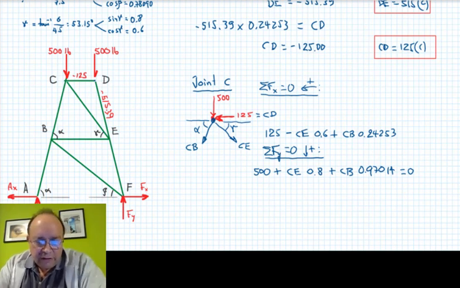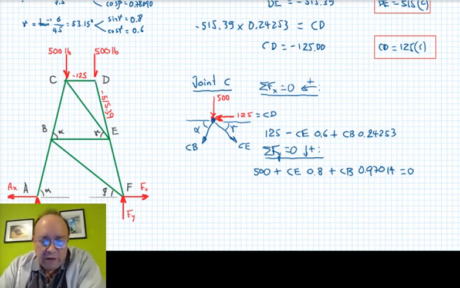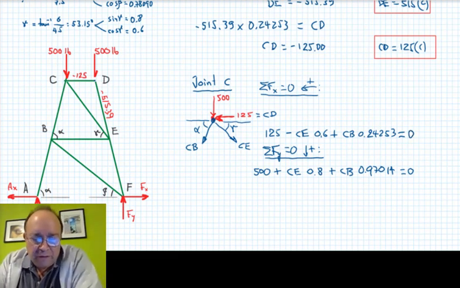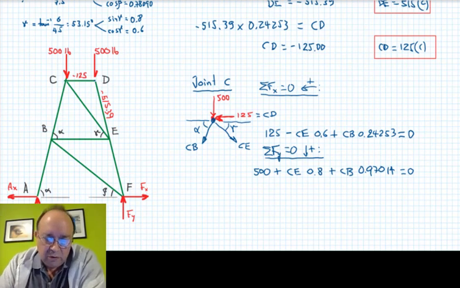So now we have here a system of two equations with two unknowns. Actually, summation of forces in the x direction equals 0. I was missing a 0 here. One way to solve this could be by adding those equations multiplied by a suitable number.